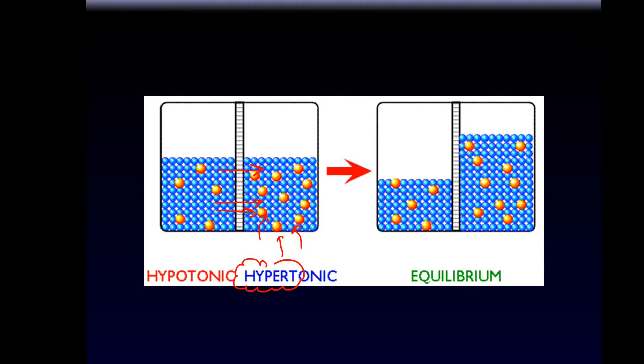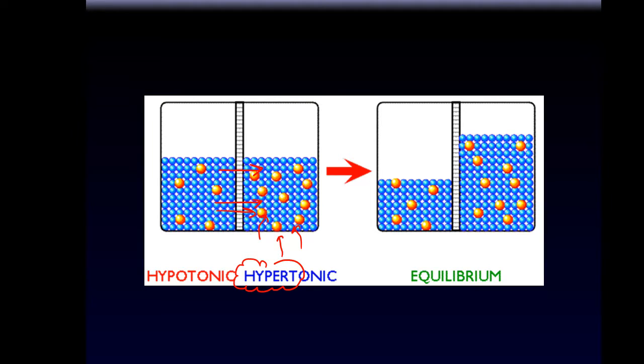So it will go from hypotonic to hypertonic area until there's equilibrium, until the concentration of the solute is equal on both sides, because that's what's driving the movement. Now, saying the concentration of solutes is the same on both sides is basically saying the concentration of water is the same on both sides, but it's kind of trickier to understand that way.